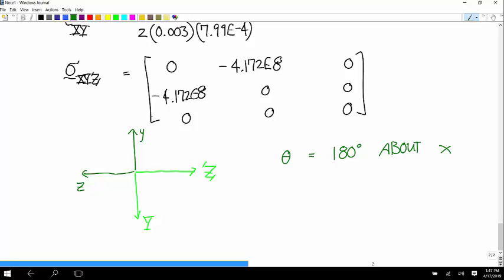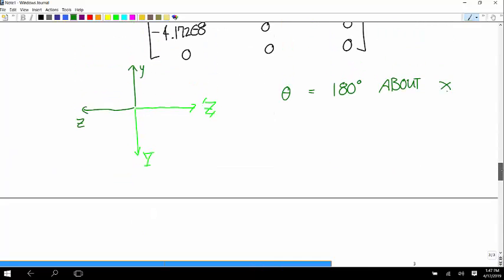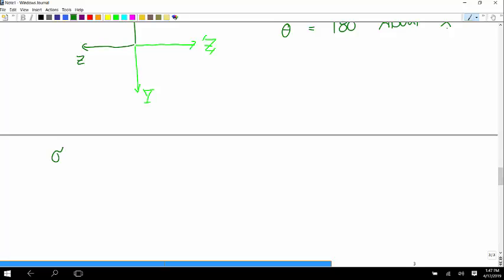And that's just going to have the effect of switching the signs of those. So our stress tensor due to internal torque is 0, and then positive 4.172 times 10 to the 8, 0. And then it's symmetrical, and that's all we have.